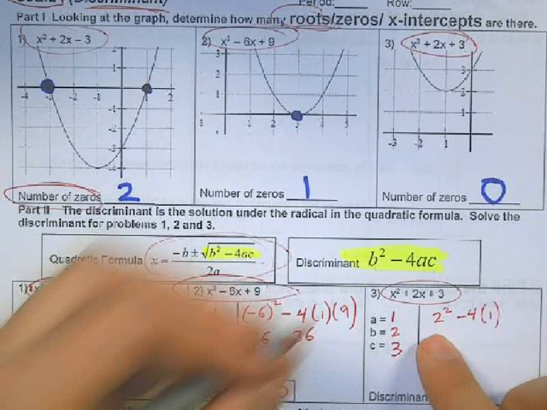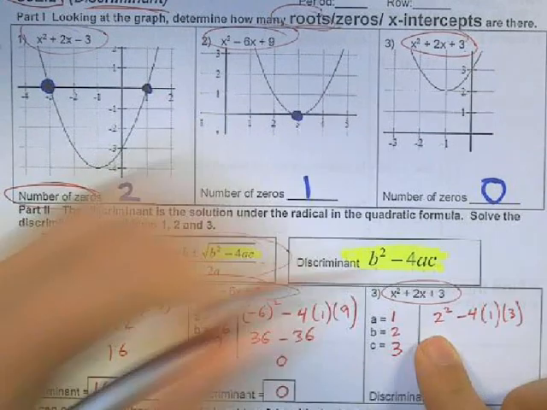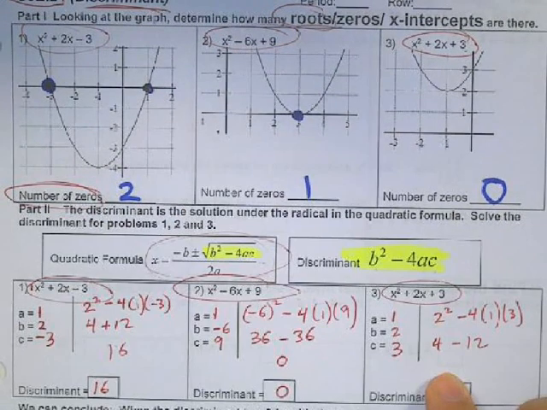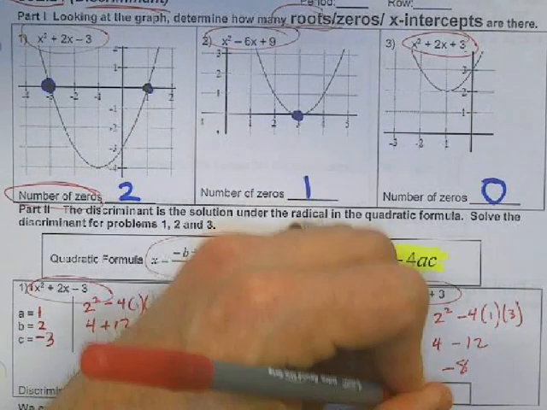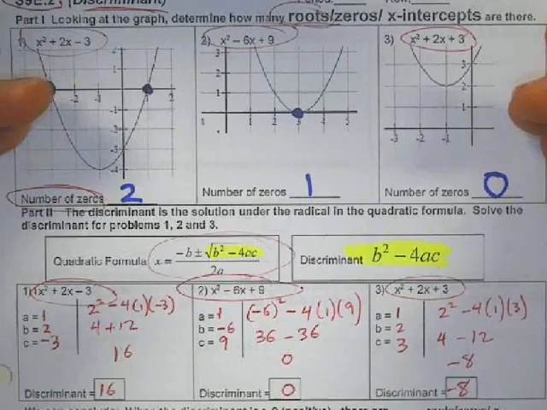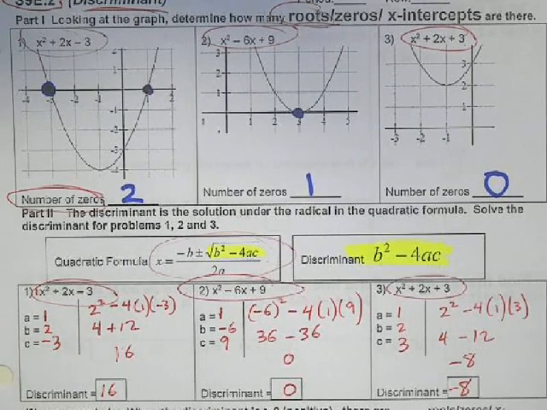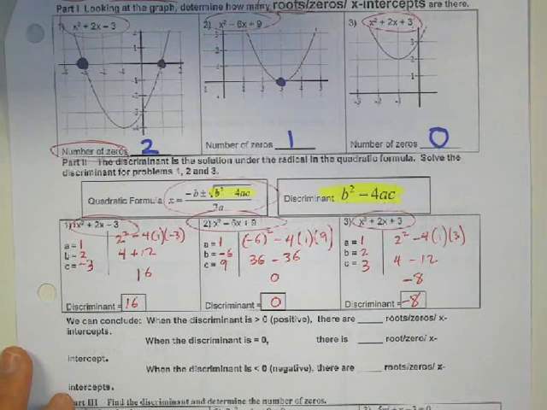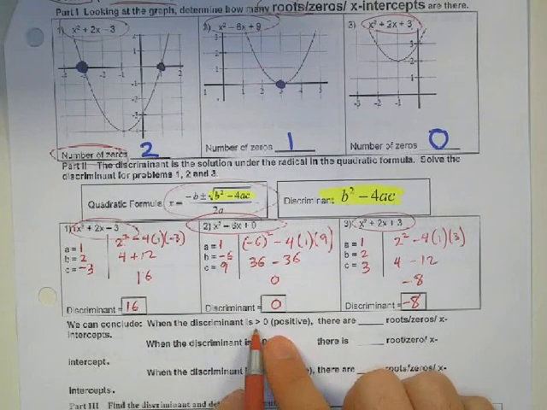Now, the connection I want you to make from here to here is what we're going to write down here, where it says, where do we conclude? When the discriminant is positive, we are going to have 2 roots.